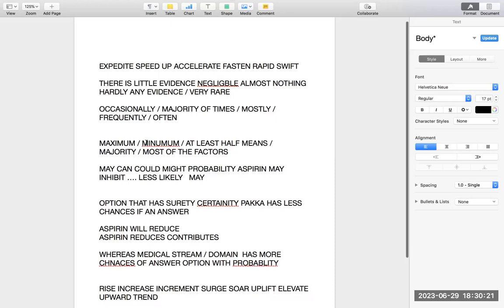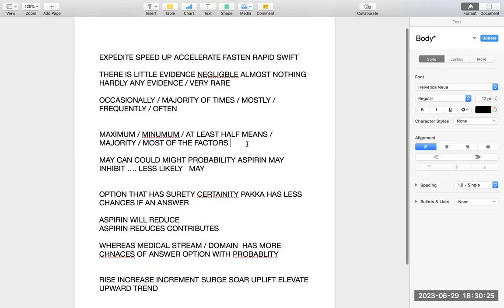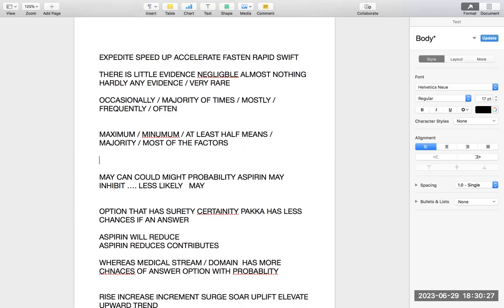Maximum and minimum also confuse you at times. In today's reading, we were doing a passage in which it was saying at least half of something.